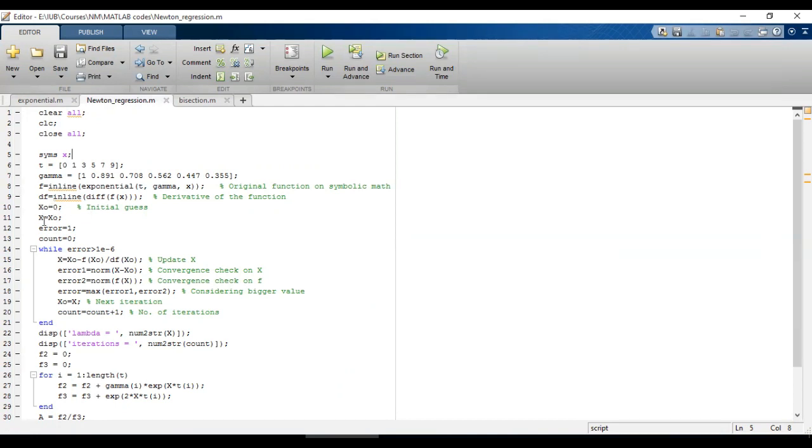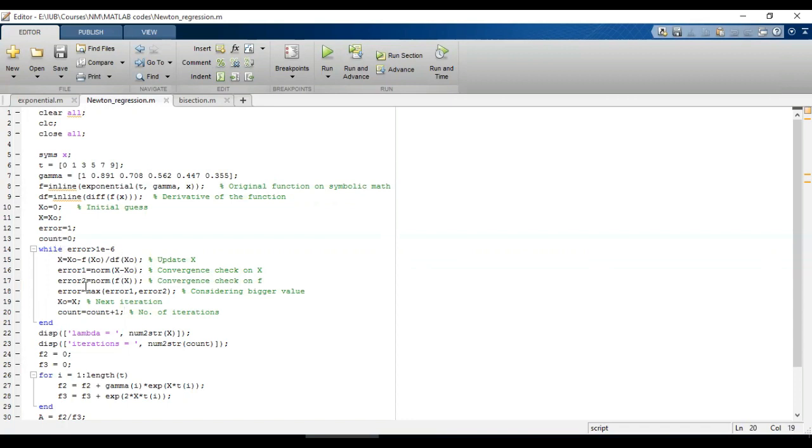This is my initial guess, and here all the steps are the same which we discussed previously in solving nonlinear problems using the Newton-Raphson method. So this is my error. I have specified the tolerance of 10 raised to power minus 6, and this is the Newton-Raphson algorithm, and I have used two errors, and I will use the maximum value of these two errors, and this is my next iteration condition, and this count is used to calculate the number of iterations in which the solver has converged.